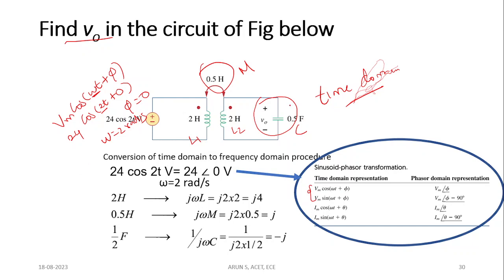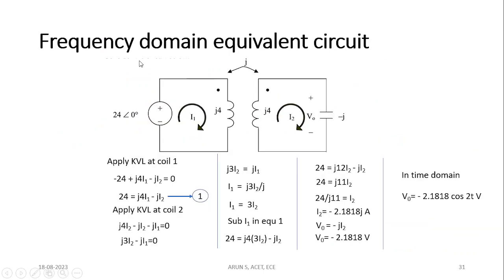Now the general form is Vm cos(omega t plus phi). In the phasor domain, that is represented as Vm angle phi. Here the phi value is 0, and Vm is equal to 24. So 24 cos 2t can be written as 24 angle 0.